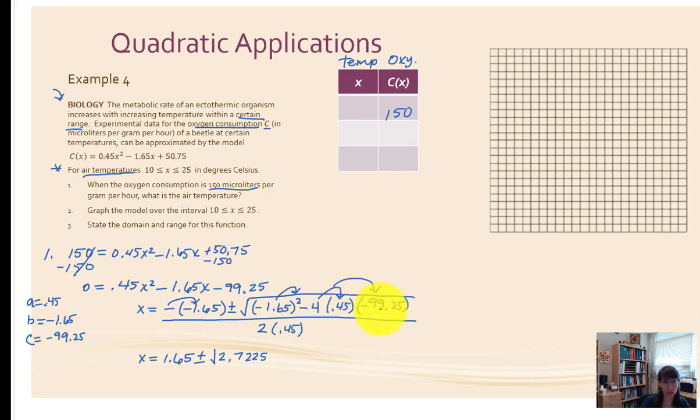Our three factors, negative 4 times 0.45 times negative 99.25. Since we have two negatives, I know that I'll be adding something. If we multiply those three factors together, we'll have 178.65. In the denominator, 2 times 0.45 gives us 0.9.